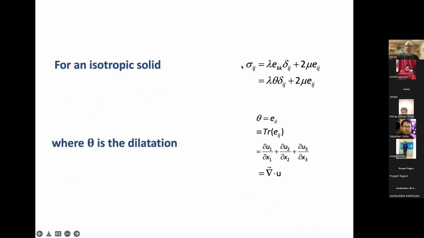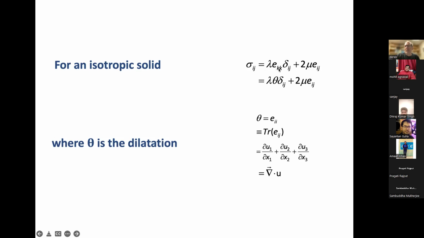So for an isotropic substance, we can rewrite the stress-strain relationship as sigma sub ij equals lambda E sub kk delta sub ij plus 2 mu E sub ij. E sub kk is done using the summation notation, so this has a repeated index.